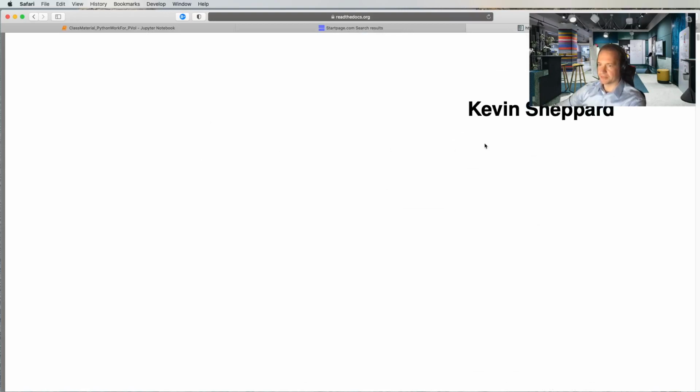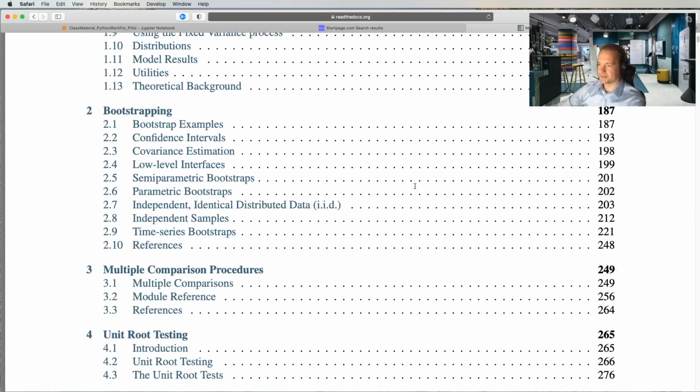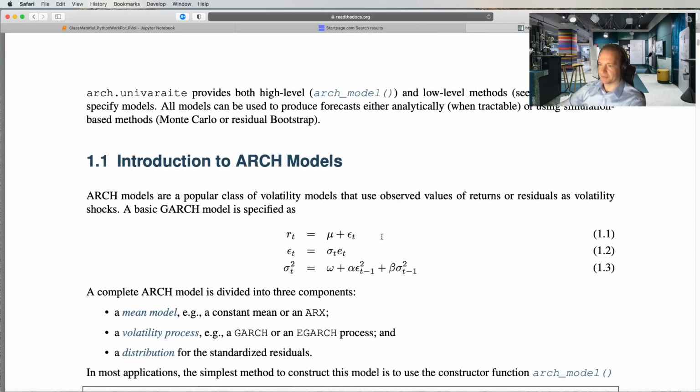GARCH documentation. Kevin Sheppard is a very famous econometrician, so he did the package. Great. So this is your introduction to the GARCH models.